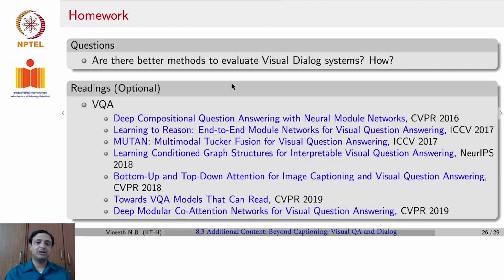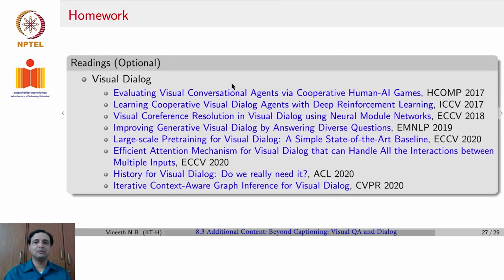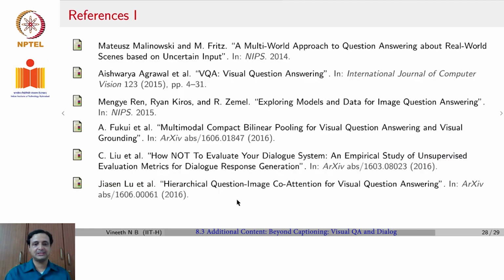Can you come up with better methods to evaluate visual dialogue systems? Think about it. It may be a non-trivial answer, it may be a trivial answer. Think about it, and we'll discuss it the next time. A few more readings for visual dialogue papers, including some very recent papers that could be relevant. Here are some references.